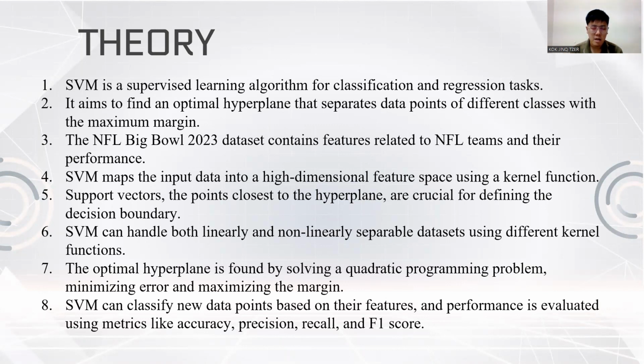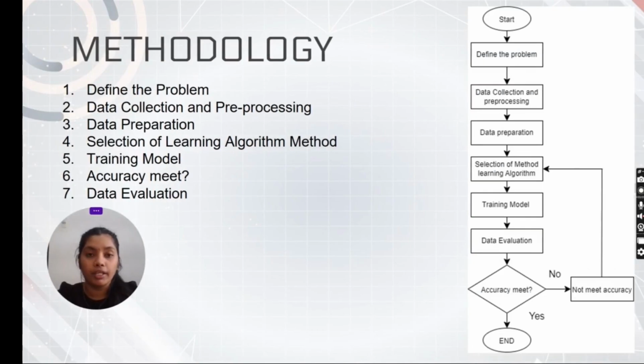The optimal hyperplane is found by solving a quadratic programming problem, minimizing error and maximizing the margin. Lastly, SVM can classify new data points based on their features, and performance is evaluated using metrics like accuracy, precision, recall, and F1 score.